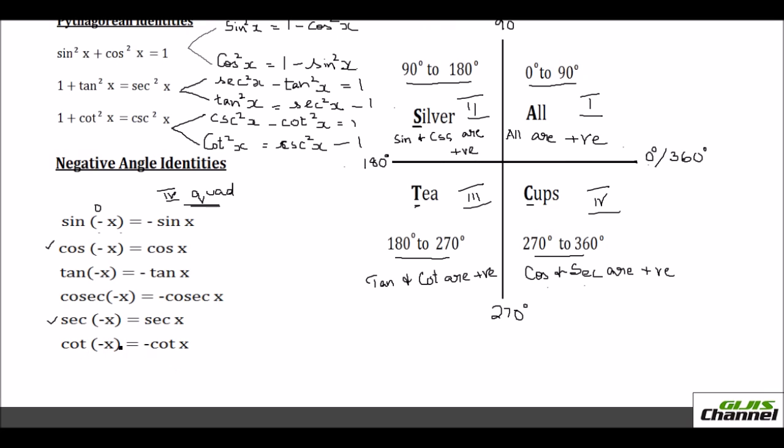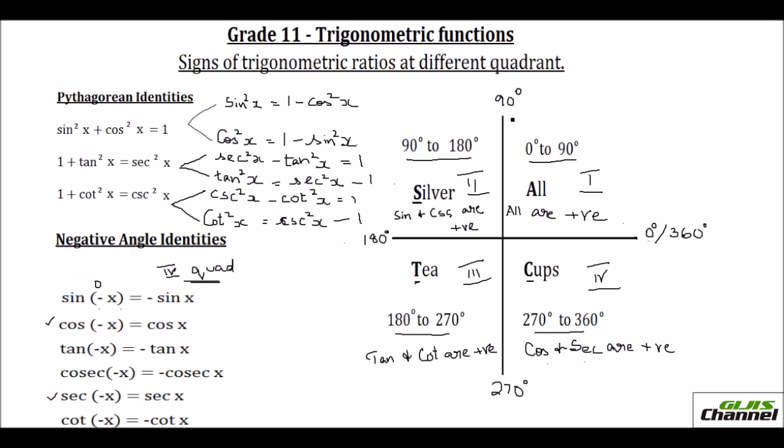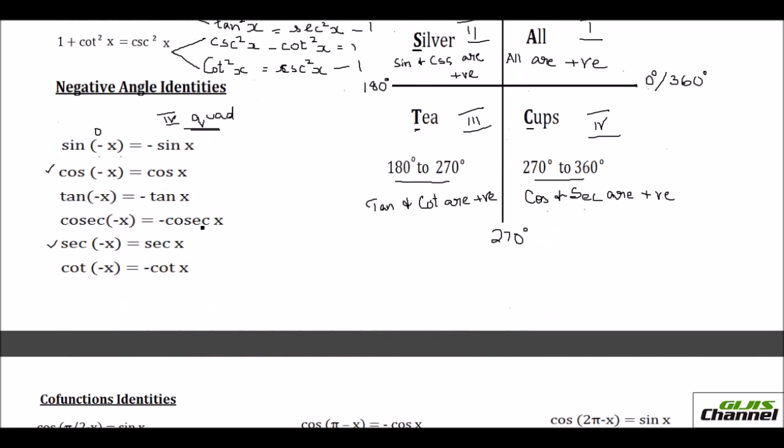There is no change in the ratio. At 90 degree and 270 degrees, your sine will change to cos and cos changes to sine. Your tan will change to cot and cot turns to tan. Secant will turn to cosecant and cosecant will turn to secant.